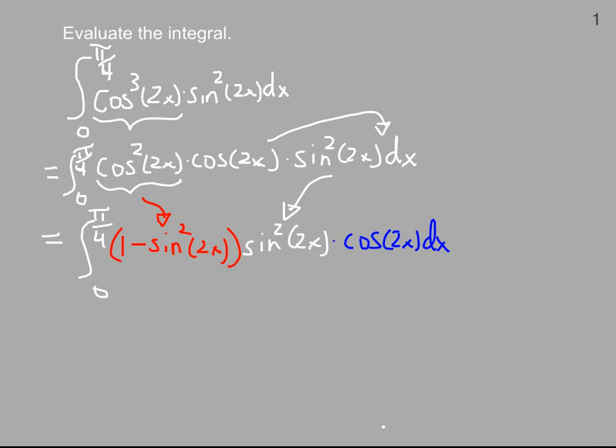And the purpose is to set up a u substitution so that what's in blue here, the cosine of 2x that you peeled off, becomes part of du.